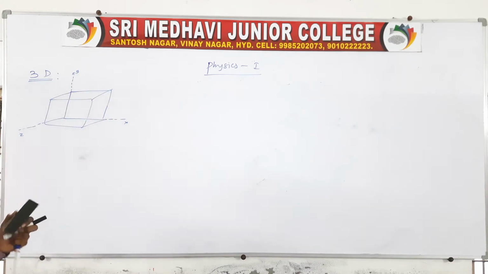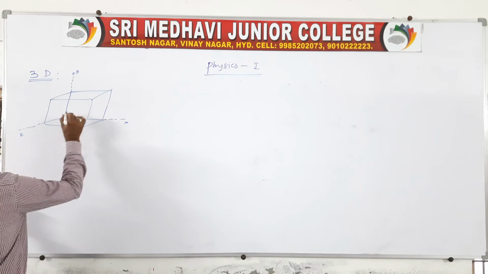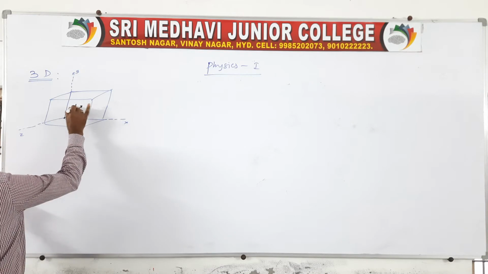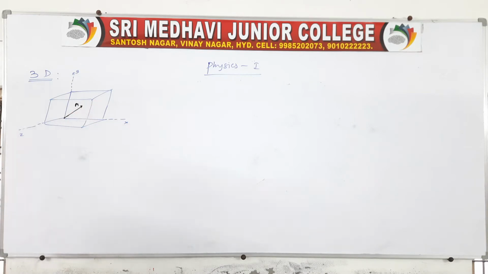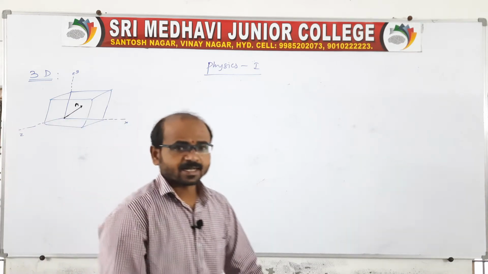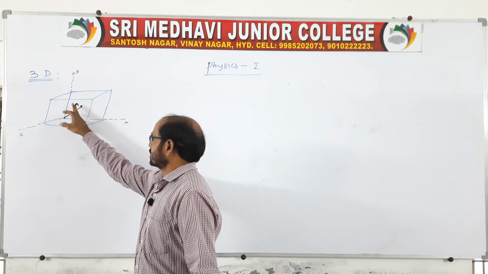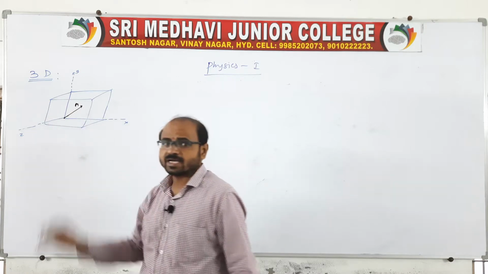In this three dimension, if you represent a vector, we should draw it like this. It is not possible to draw now, so take a vector A. Now A can be resolved into three components, depending on its angles.